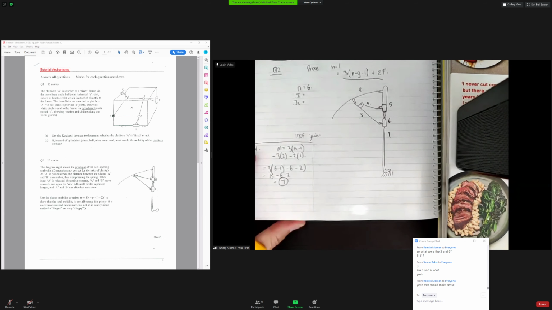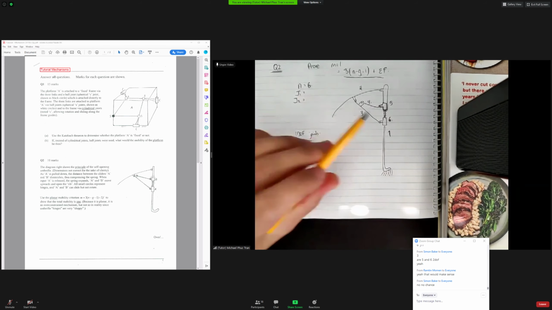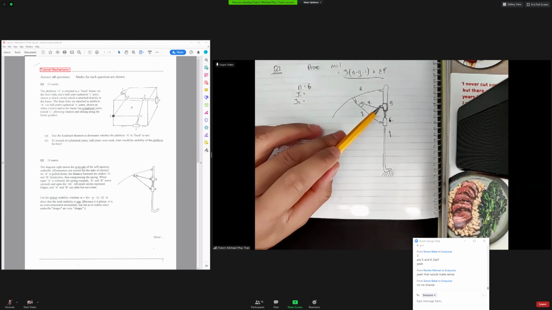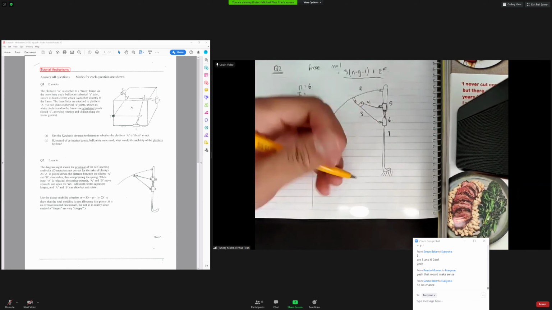Do you reckon that makes sense? Do you reckon there's 7 ways that you can move this umbrella? They actually count as 1 degree of freedom. It only counts as a 2 if it's separated.